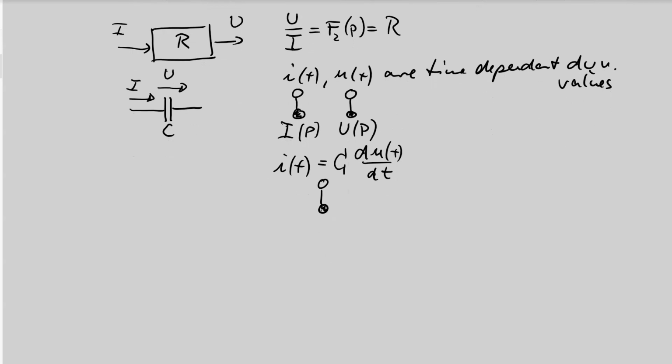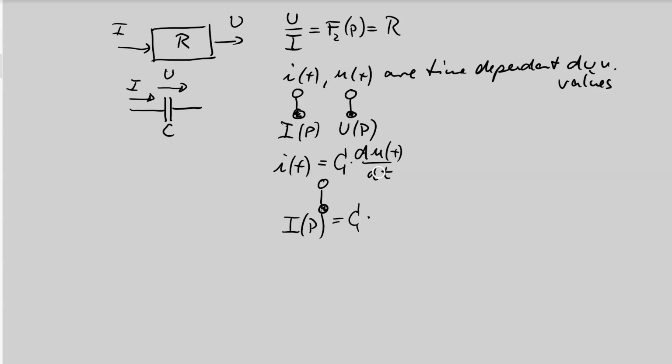We know something about the Laplace transformation. The frequency function is written as an uppercase I of a function of the complex frequency p, and if there is a multiplication with a constant factor, then in the frequency domain we also have a multiplication with a constant factor.